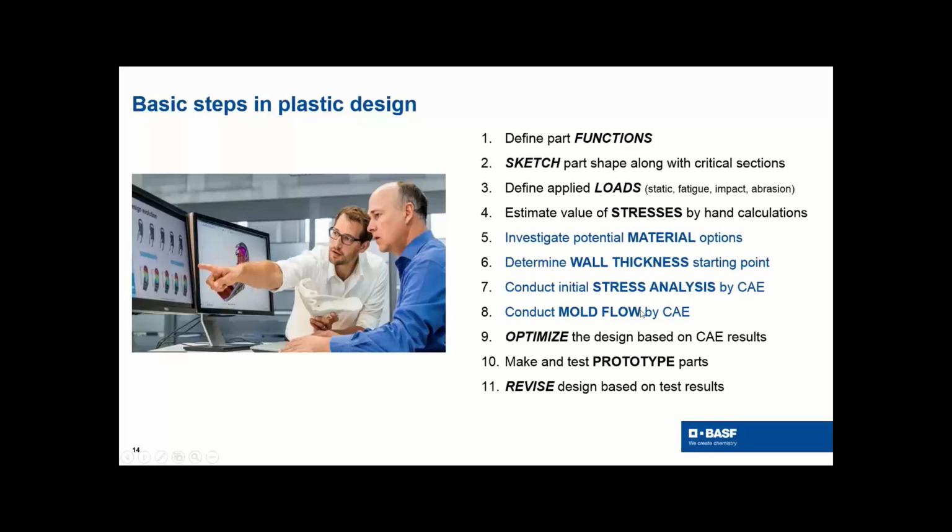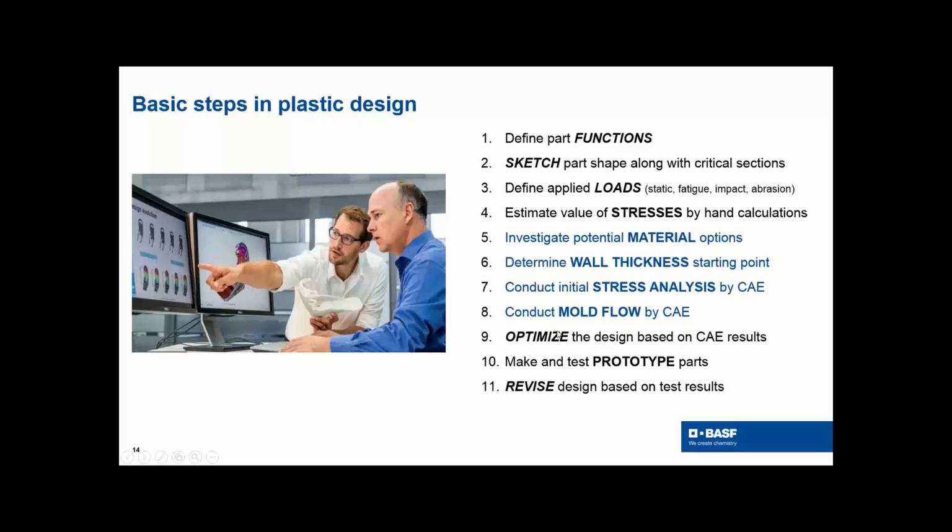And if they're not, you're going to have to up your wall thickness. Then you'll conduct a mold filling analysis to determine where you're going to gate it. And then you can optimize these results using CAE results, as we'll see here in the upcoming slides.